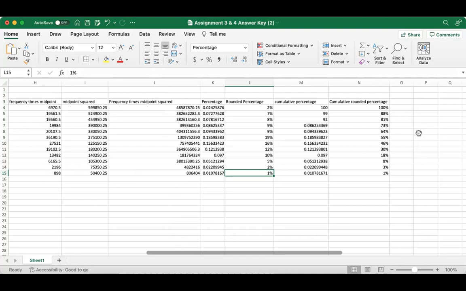So we have 0.017816671. To get a percentage, I multiply it by 100.